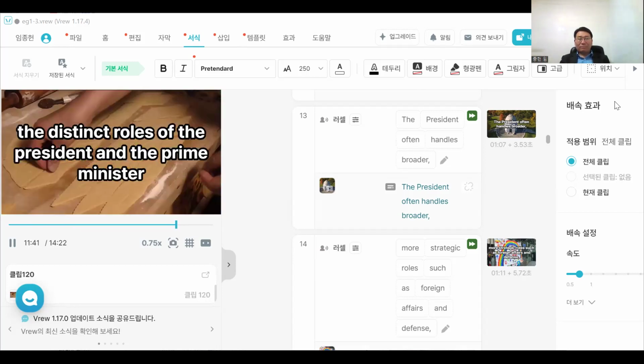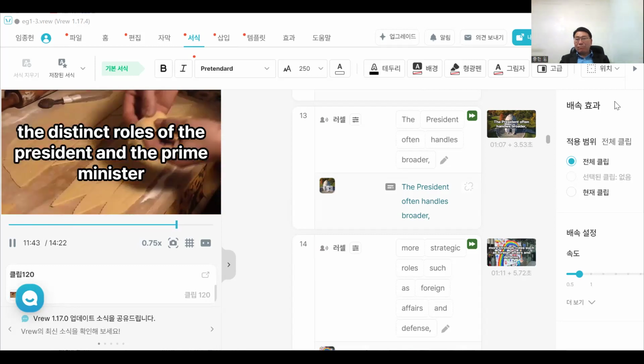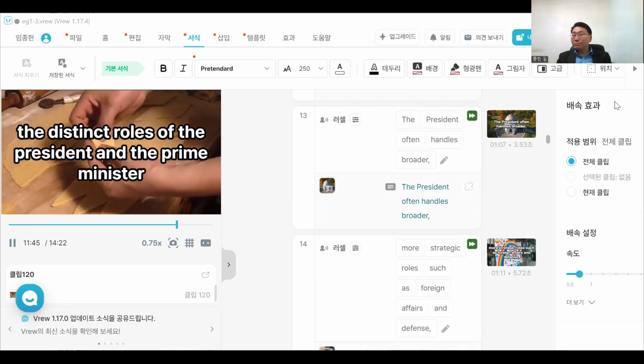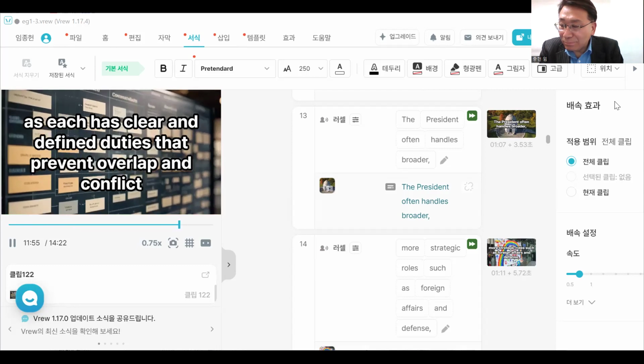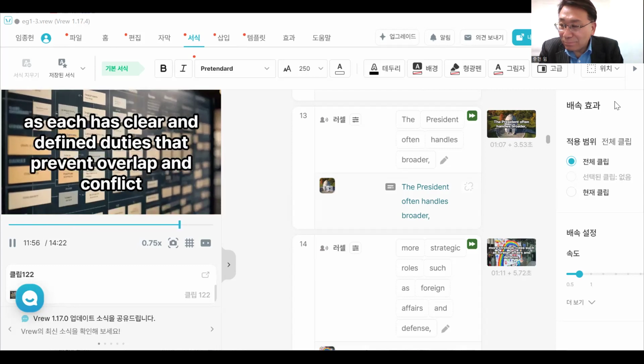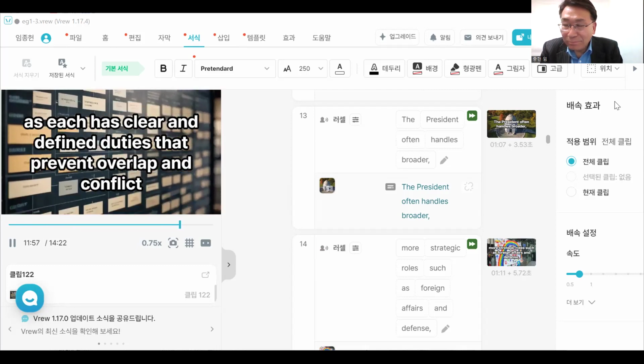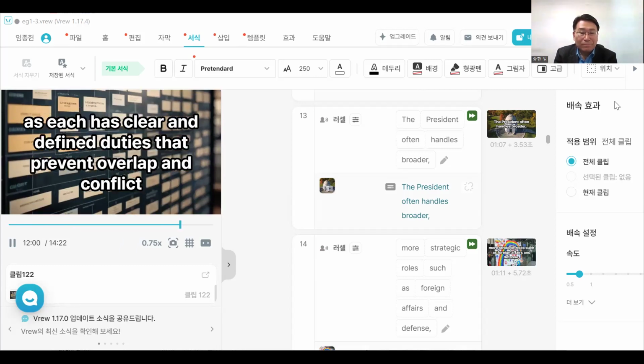The distinct roles of the president and the prime minister help to minimize friction between the executive and legislative branches, as each has clear and defined duties that prevent overlap and conflict.